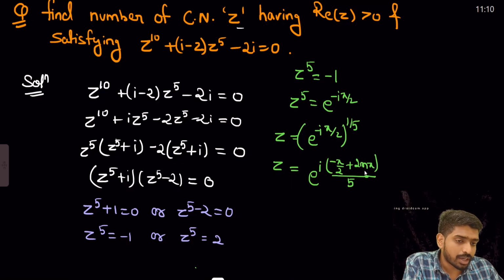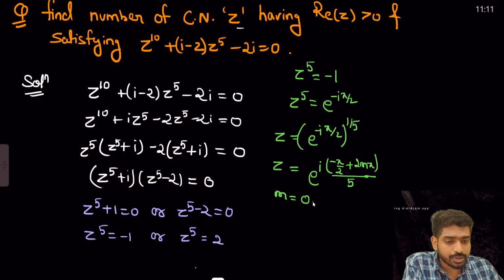Next, what are the m values? Z to the power 5 is there, so it's the fifth root, and in total we will get 5 solutions. To get those 5 solutions, we'll keep m values from 0 to 4: m equals 0, m equals 1, m equals 2, m equals 3, and m equals 4.